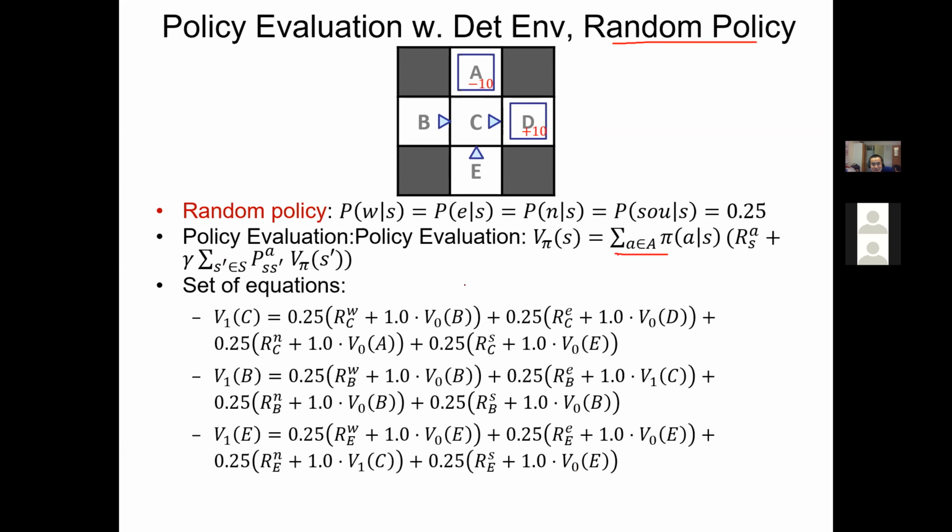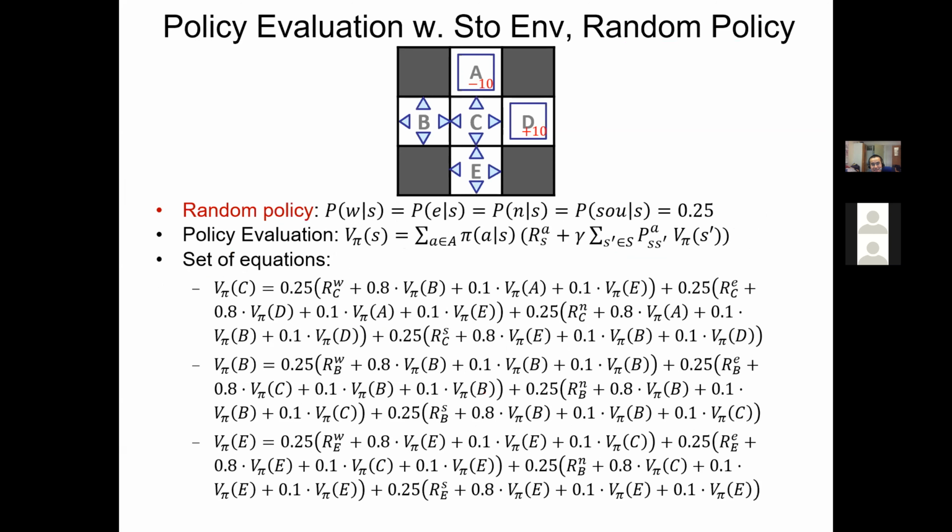One is expectation over the environment. So here you have random policy of 0.25 going each direction, and the environment is deterministic. So you always have 1 for the environment probability.